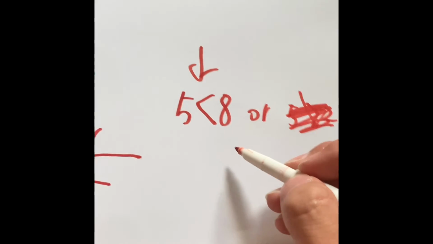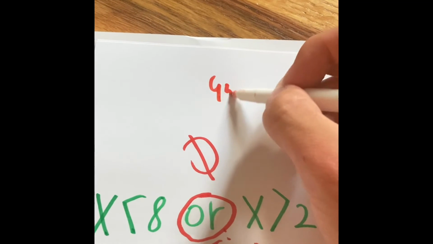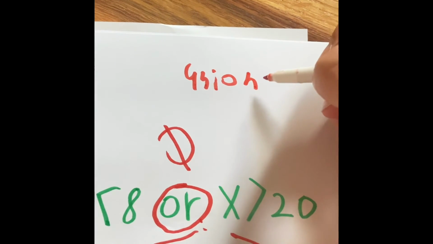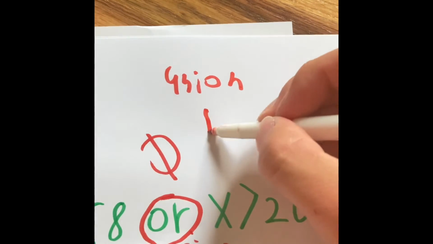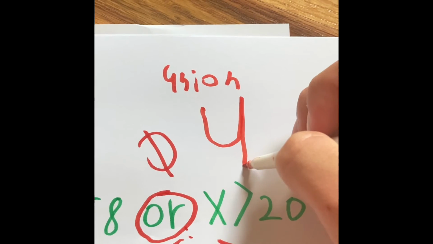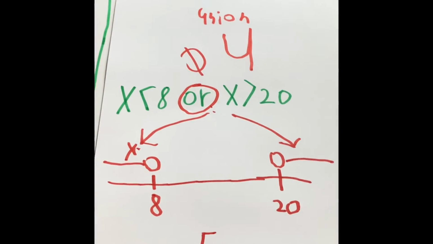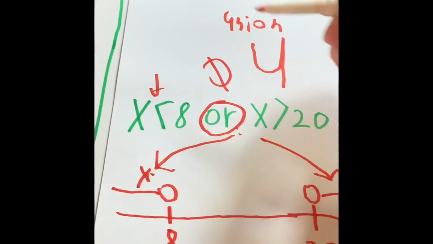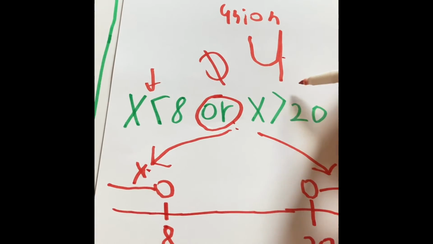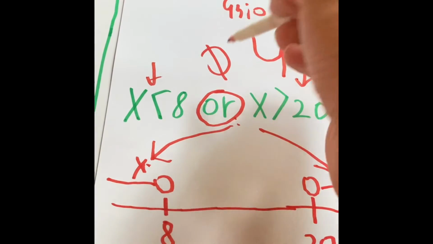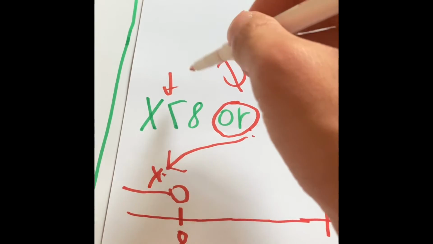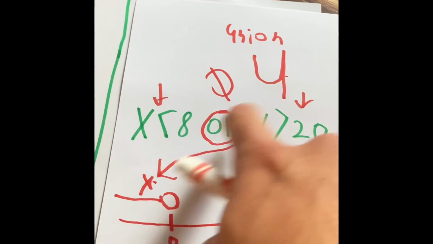That is going to be called a union. This kind of problem is called a union, and that represents U as the symbol. So this is going to be a union for this. So pretty much it's going to say x has to work for at least one of the problems.